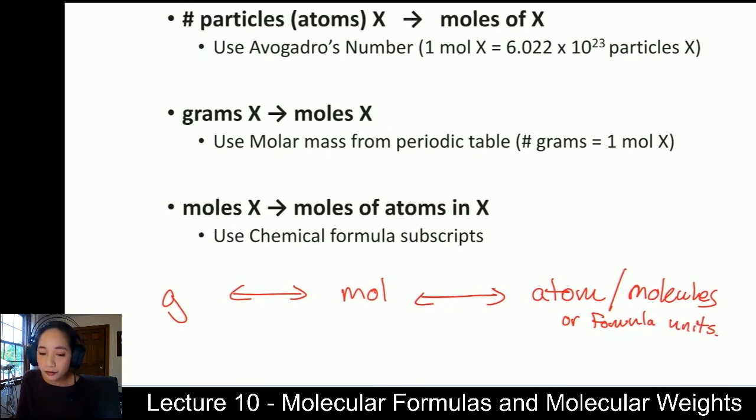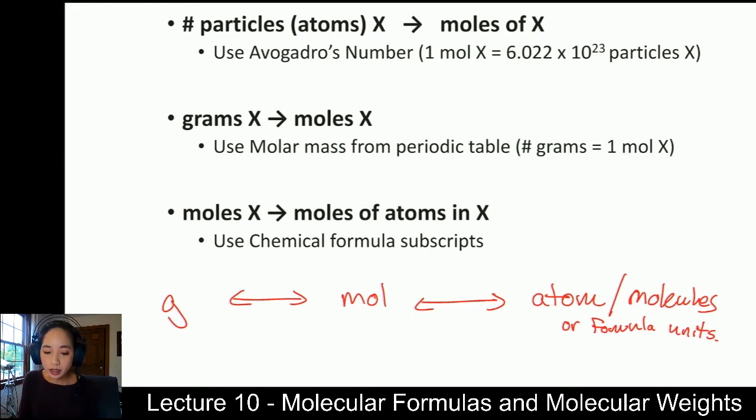And you use different quantities to get between these three different quantities: grams, moles versus atoms. If you want to go between number of particles or atoms and moles, you'll use Avogadro's number. So use Avogadro's number.